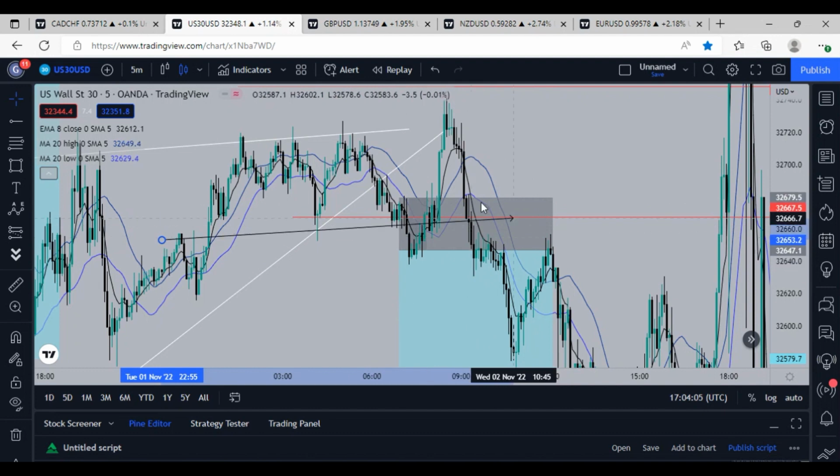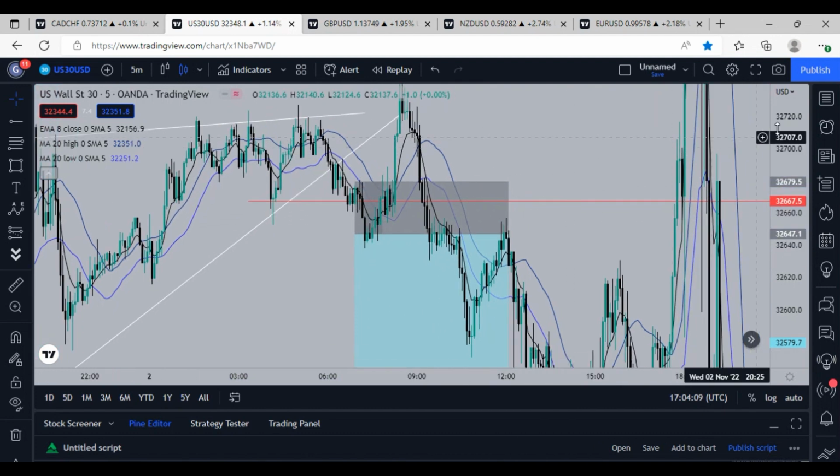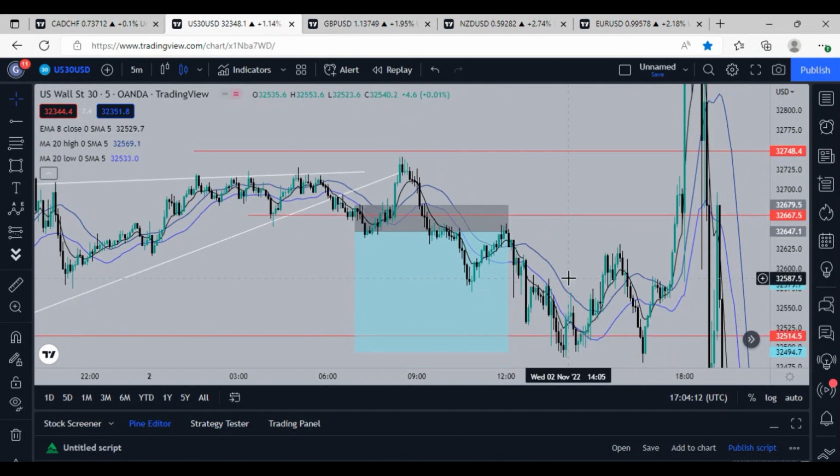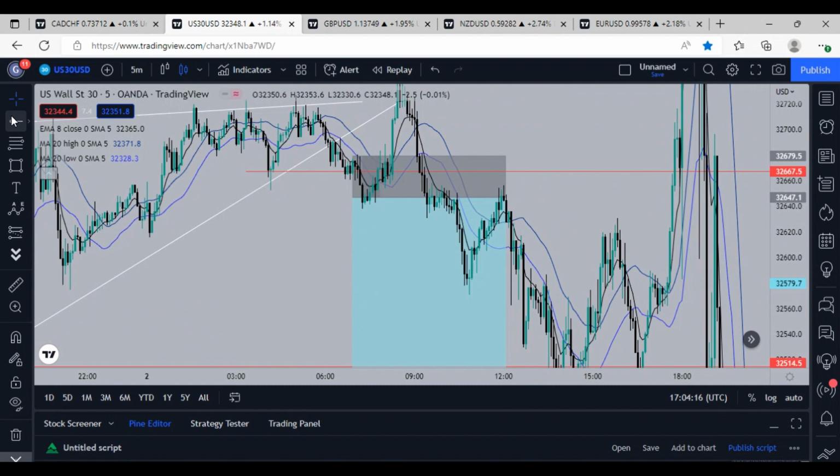So I'll set this as a stop loss again, okay? And then I would just run the trade down. So that's exactly what I did, okay? I just set my stop loss right over here and then rode the wave down because this was very obvious.